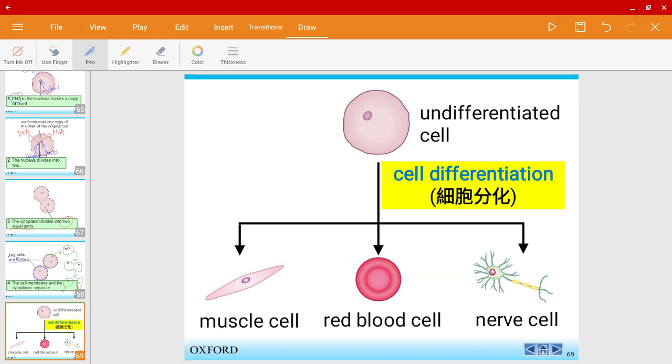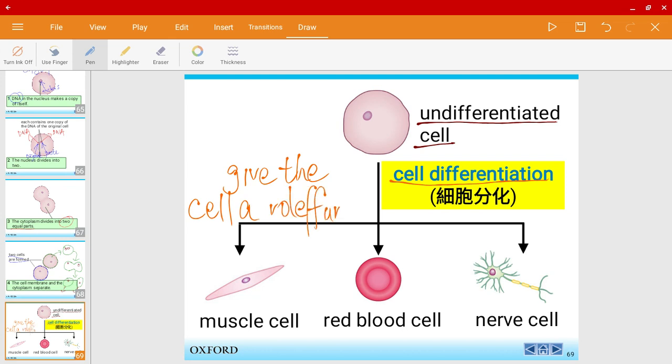Now that we have cells, they're not differentiated right now. They're undifferentiated. It means they don't have any specific role or function. So we need to undergo a process called cell differentiation in order to give it a function. So cell differentiation means to give the cell a role or a particular function.